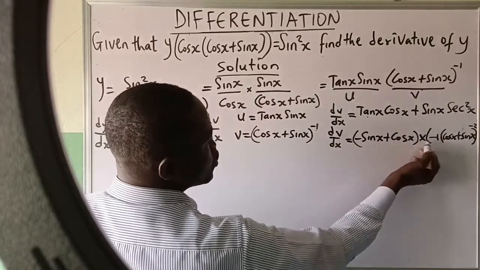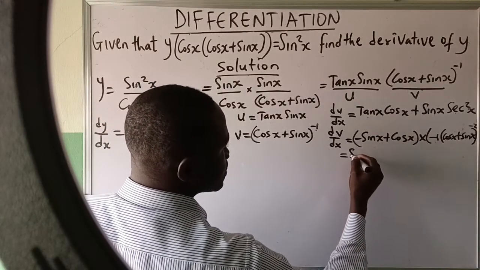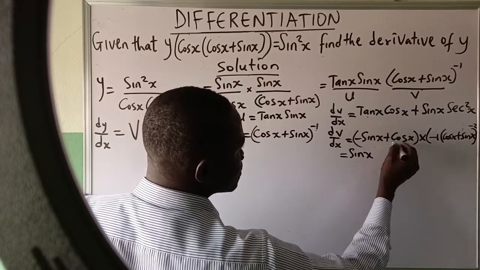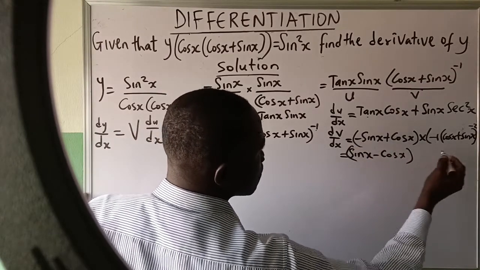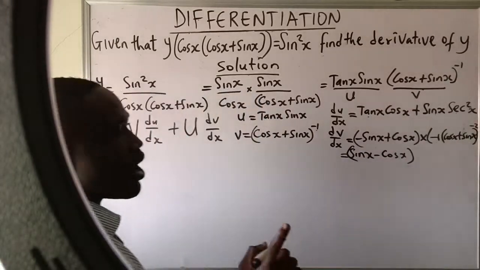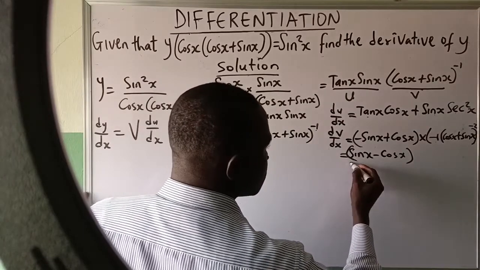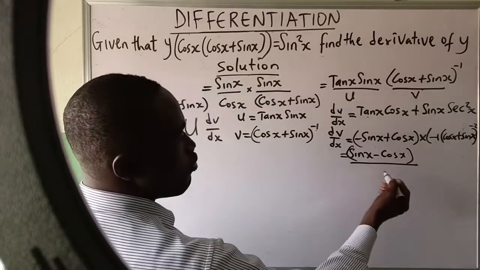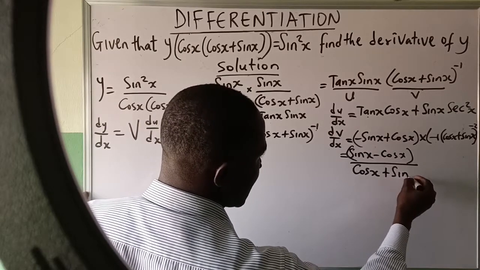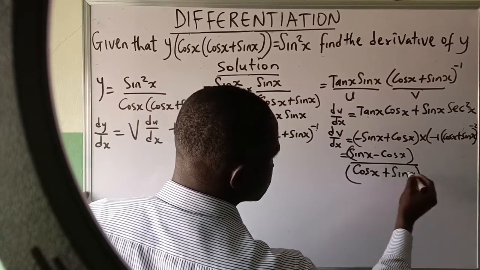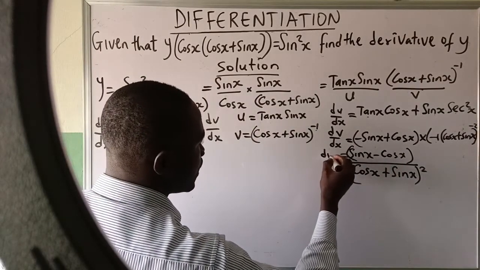Now, this minus 1 will multiply this to give you minus times this sine x, minus times this minus cos x. Then this, because it has a power of minus 2, we replace the negative with all over and we write (cos x plus sine x) all raised to the power of 2. That is our dv/dx.